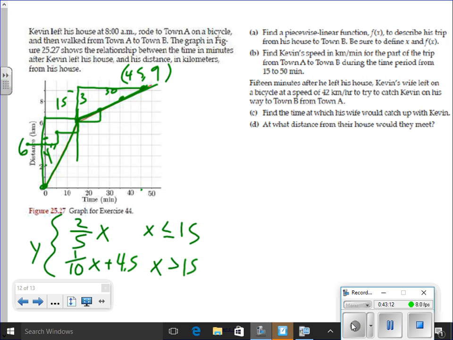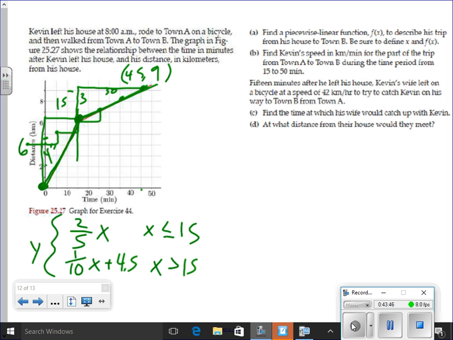So find Kevin's speed in kilometers per minute for part of the trip from town A to town B. He rode to town A on a bicycle, and then he walked from town A to town B. So he was here at his house, and then he rode a bike.